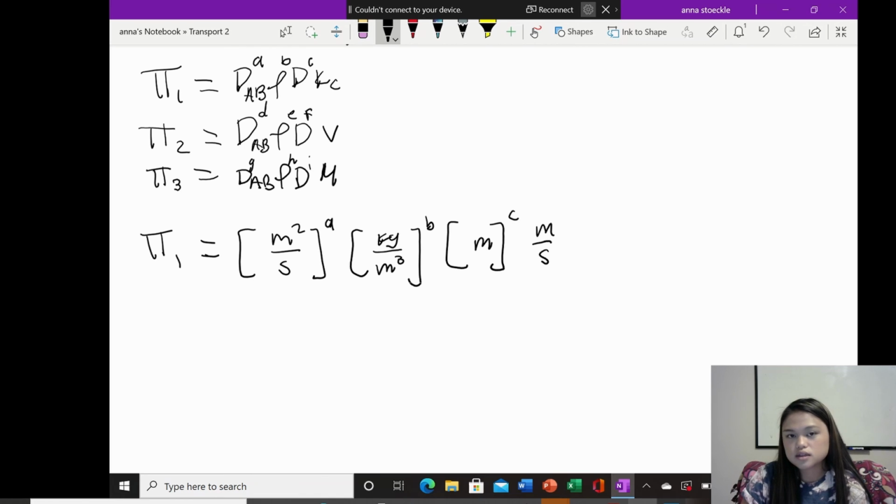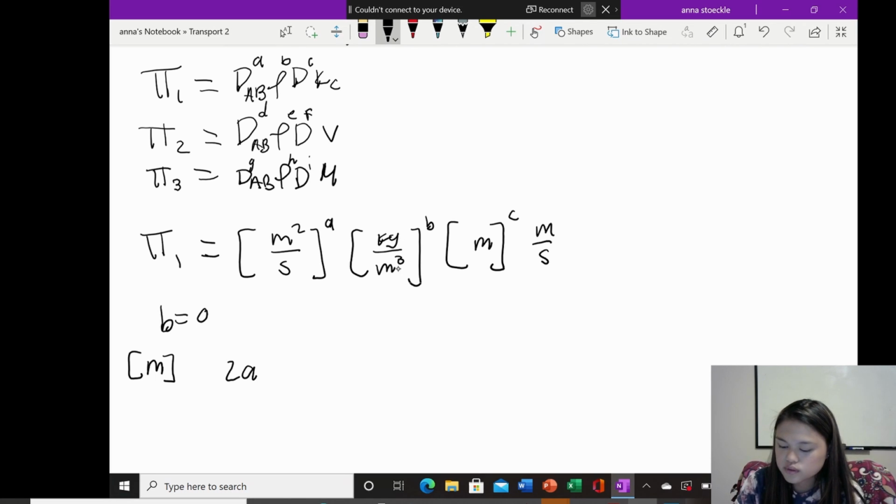So now looking at this, we notice that the density is the only variable that has kilograms in it. So that means that this B is going to need to be to the 0th power. So that's taken care of. Now let's look at the variable of meters. Looking at this first group, we see that there's meters squared in the numerator, so that's going to be 2a.